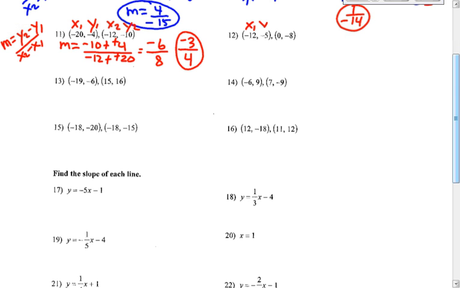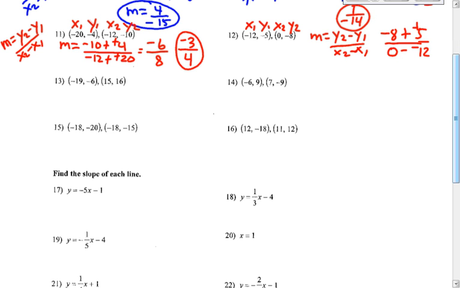I'm going to label x1, y1, x2, y2, and my slope formula is y2 minus y1 over x2 minus x1. So my y2 is negative 8 minus y1, which is, I think, negative 5. x2 is 0 minus negative 12, which is x1.